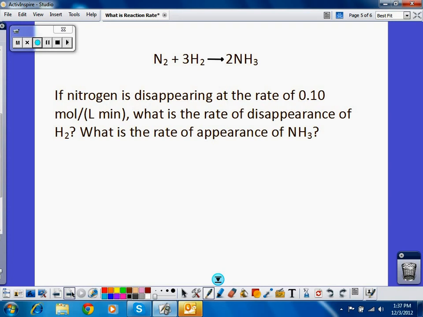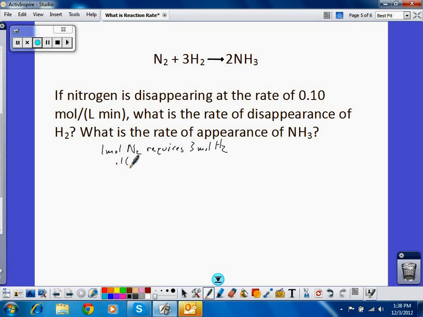So when I look at the mole ratios, I notice that 1 mole of N2 requires 3 moles of H2. So for every 1 mole of N2, I also use up 3 moles of H2. So the rate of disappearance of H2 is 3 times the rate of disappearance of N2.